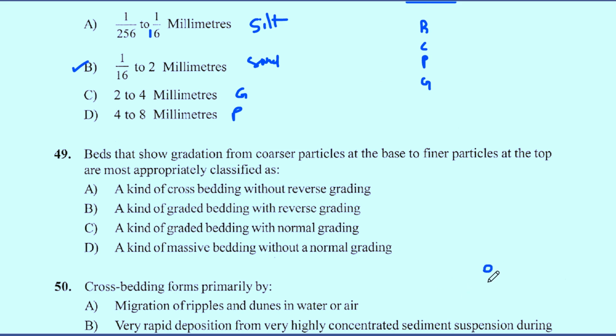Coarser is at the bottom and it is getting finer. It is like this. So it is normal grading. Coarser are at the bottom and finer are at the top. It is a kind of graded bedding with normal grading.